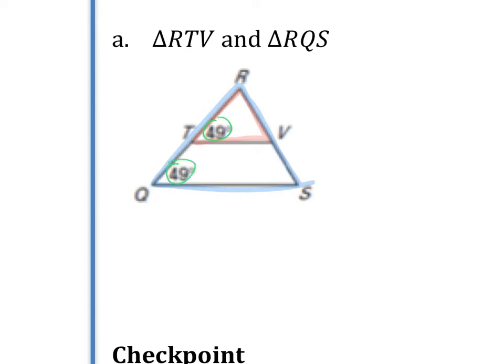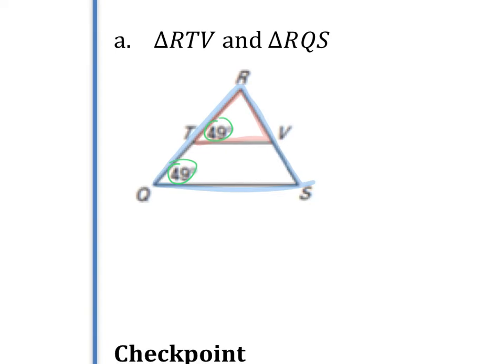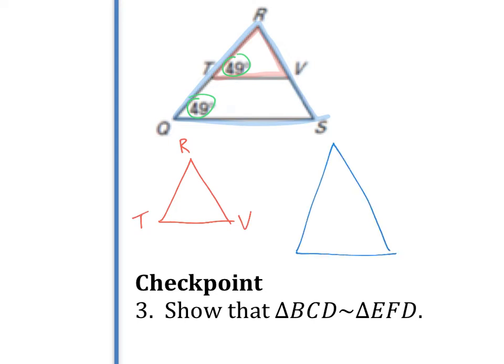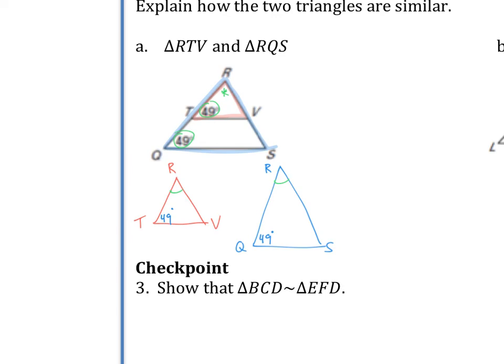So in each triangle, we have a 49 degree angle. So if we actually separate these into triangle RTV and the bigger triangle, which is RQS, they each have a 49 degree angle, and they each have angle R, which is the same angle in both of them.